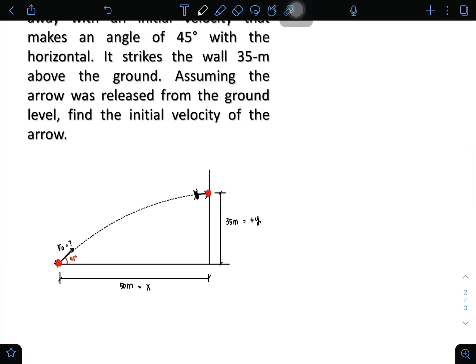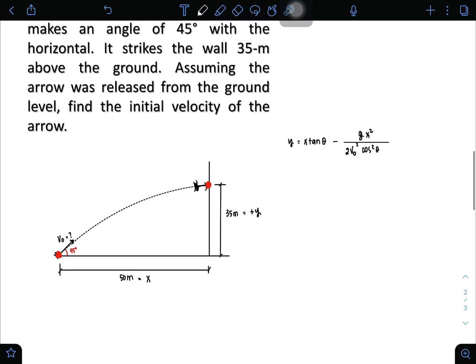So therefore, we're going to use the formula that y is equal to x tangent of theta, which is the angle of inclination, minus the gravitational acceleration times x squared, over 2 times the square of the initial velocity times cosine squared of theta. Given our theta, and given our x and y, we're going to proceed in solving for the initial velocity.